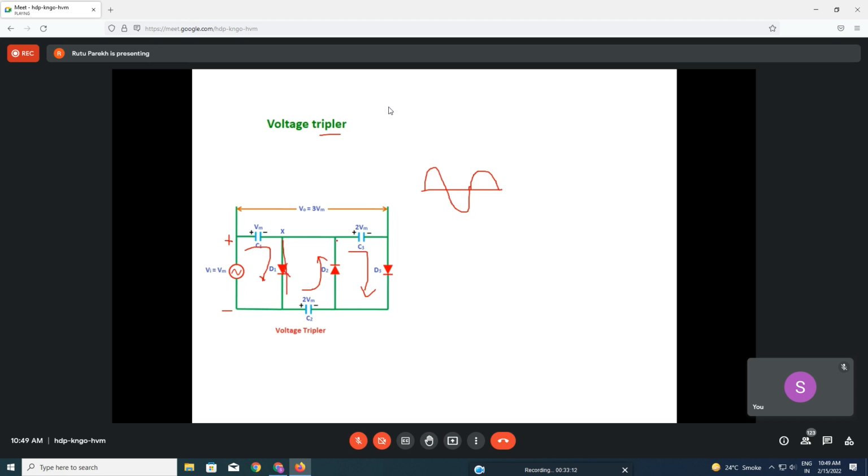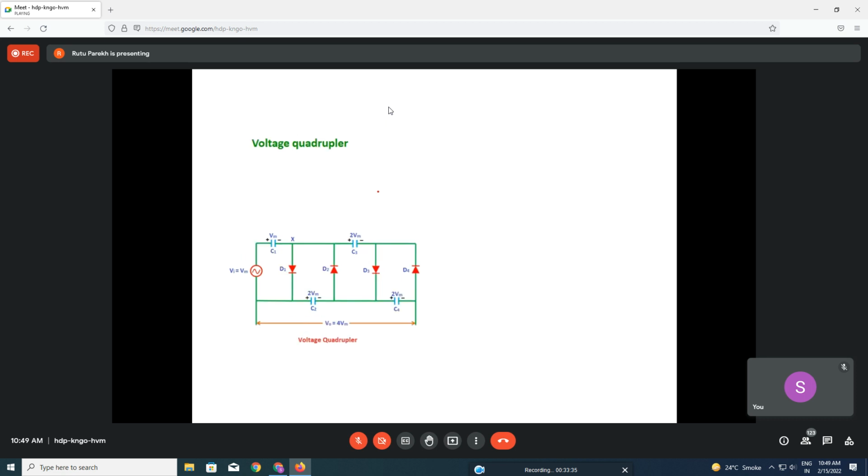So during the positive half, the flow is like this. This is VM, and this will appear here, and that's how we will have 3 VM. Okay, now about this one, we will finish.